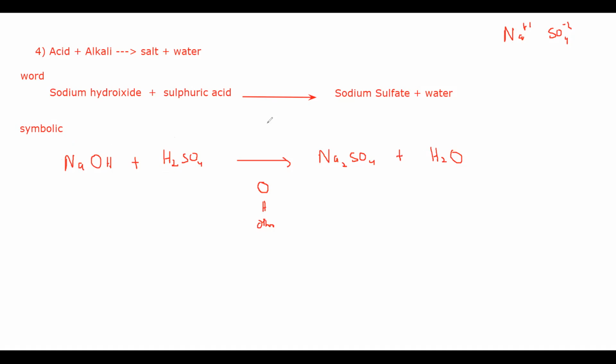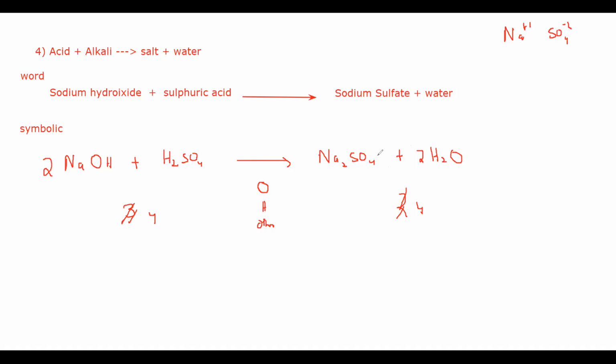So before placing any number, I was having 3 hydrogen on the left hand side and 2 hydrogen on the right. So the side where we have less hydrogen, we'll put the number. If I put 2, that 2 makes 4 hydrogen. So to make 4 hydrogen, I will put 2 here. So it makes 4 hydrogen on both sides. So hydrogen is balanced.